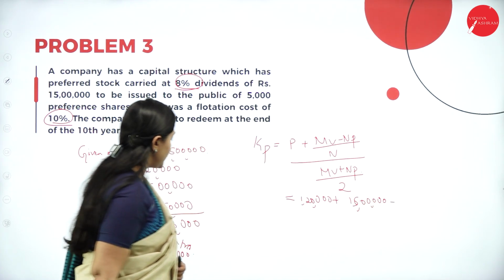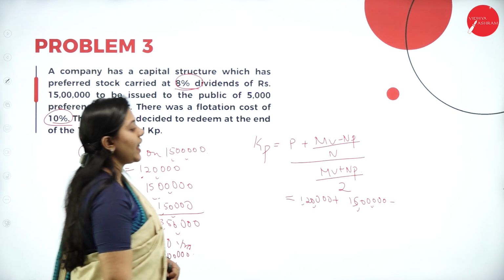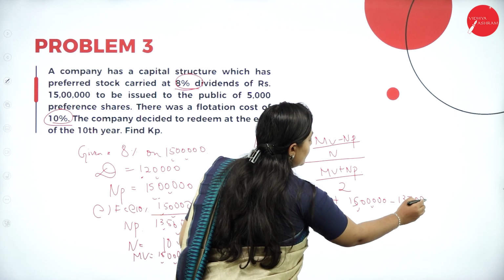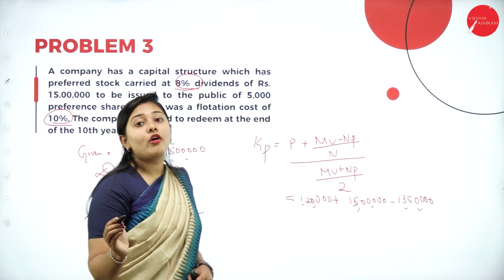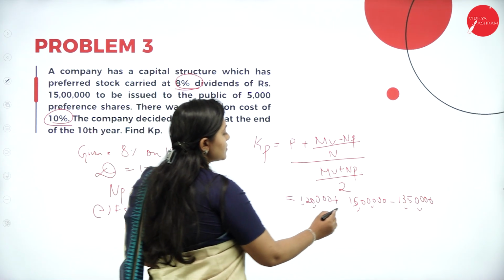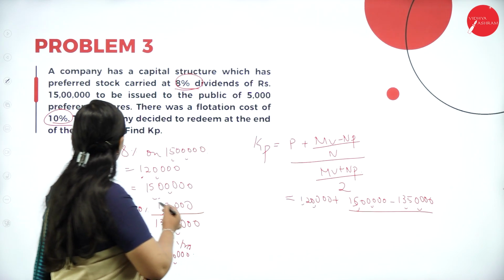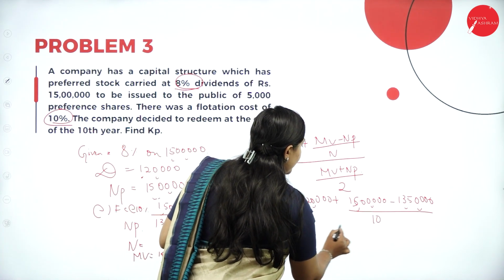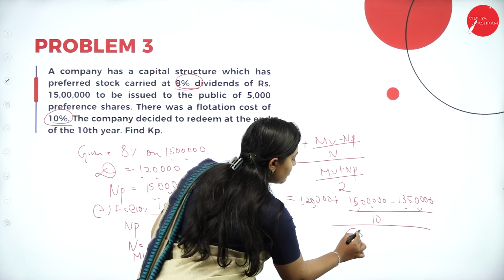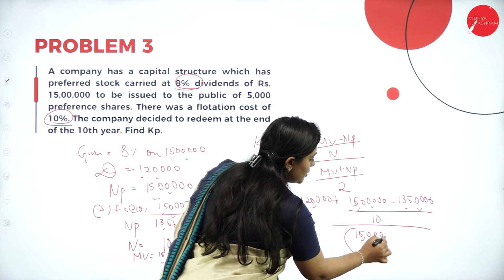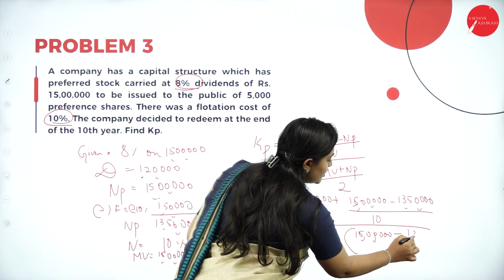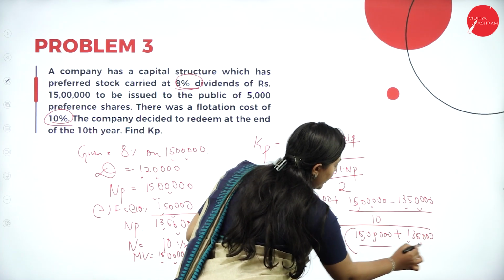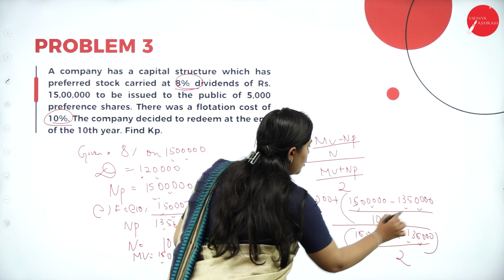Net proceeds is 13,50,000. Number of years is 10 years. Divided by maturity value plus net proceeds divided by 2. So this is the formula.